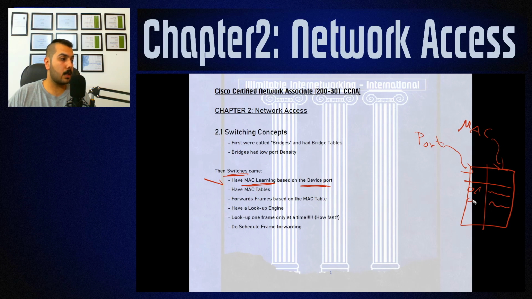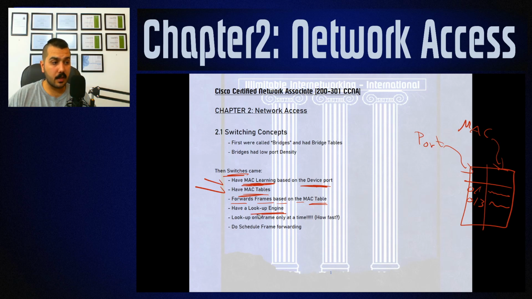Such MAC address, I will switch my frame to port number 3, and so on. Okay, so they have MAC tables. They can memorize and do the MAC learning based on the device port, and the results are shown in the MAC tables. They forward frames based on the MAC table, just like we have talked about in bridges.